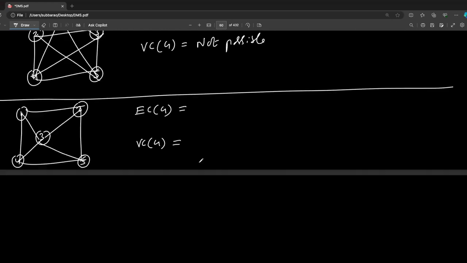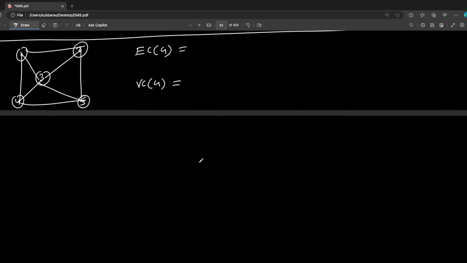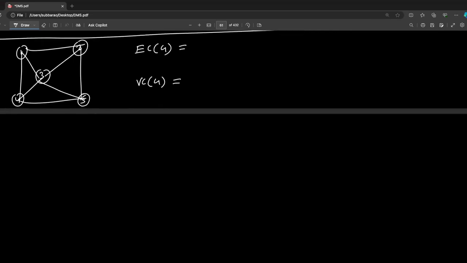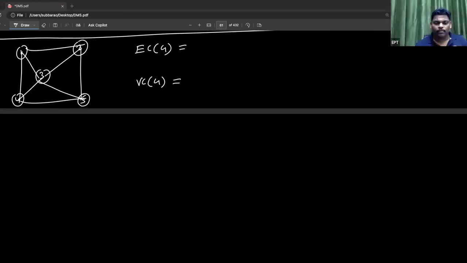So what is the answer for this? If you observe, the vertex connectivity, how much? Can you help me now?